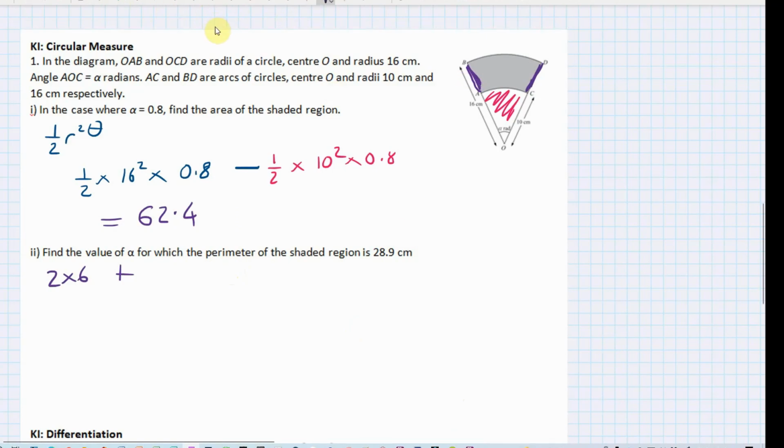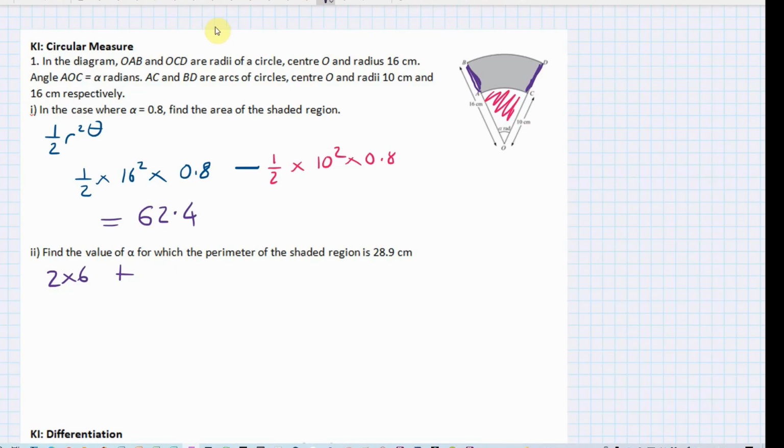Now we want to find BD. Now BD is going to be r theta, which is an arc length.